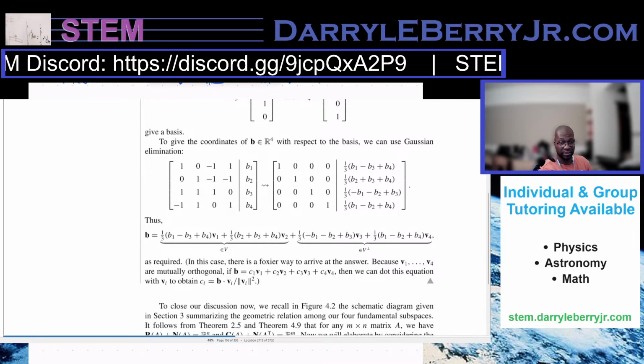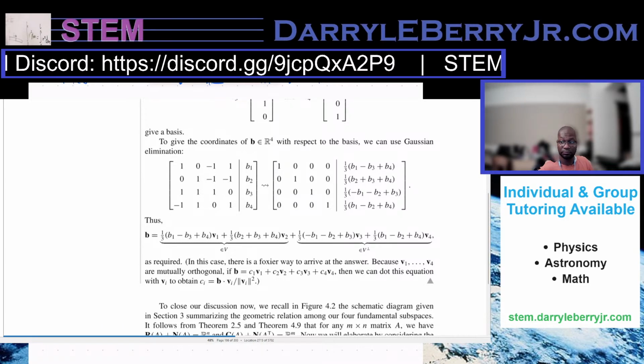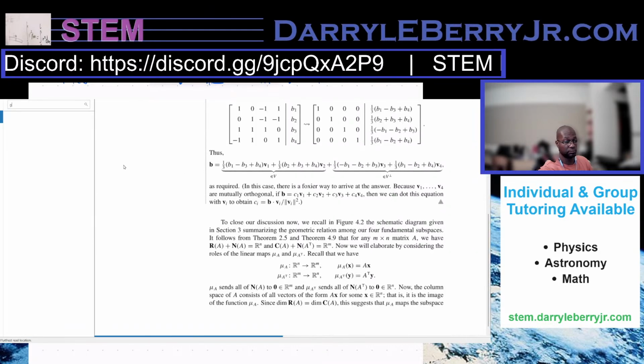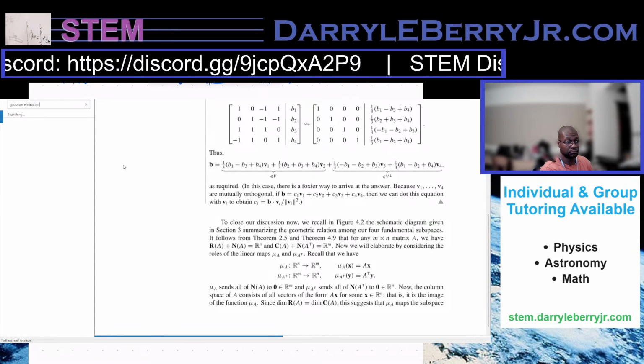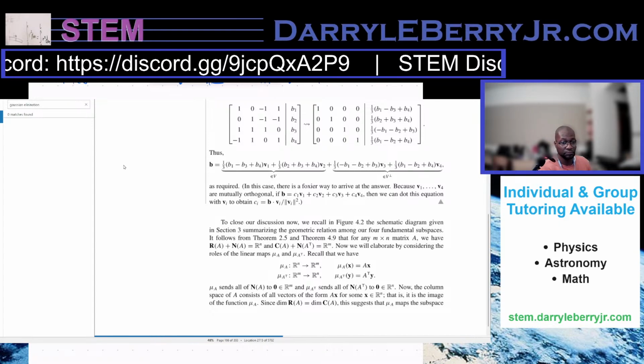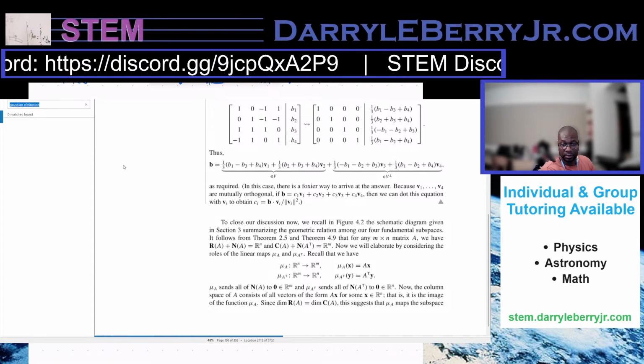Let me search for Gaussian elimination. I spelled it wrong.